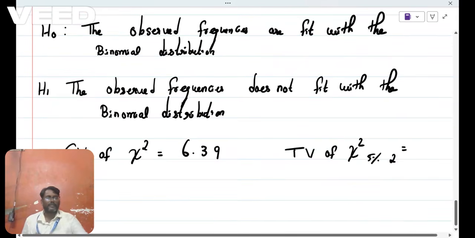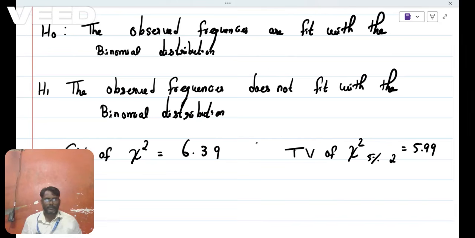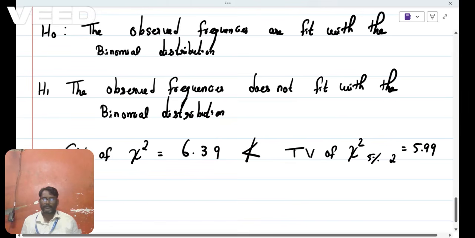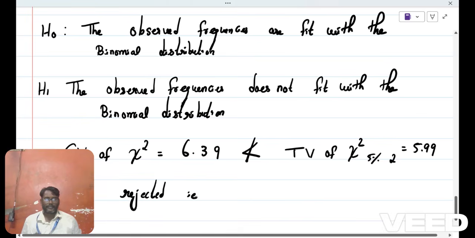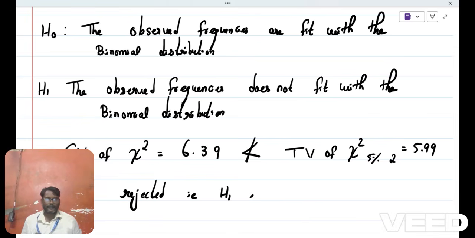The calculated value is not smaller, therefore H naught is rejected, that is, H1 is accepted.